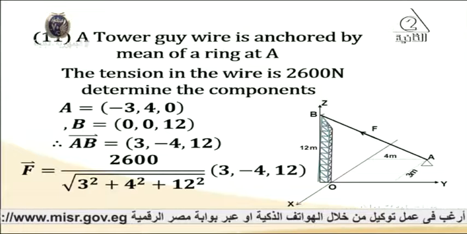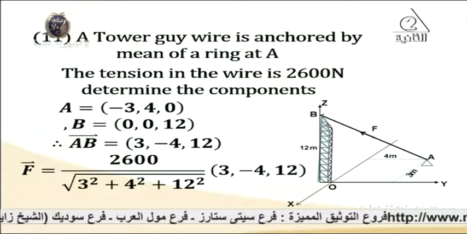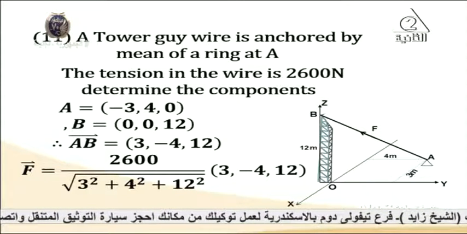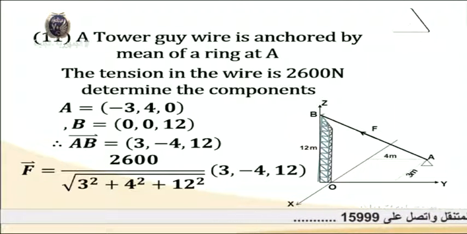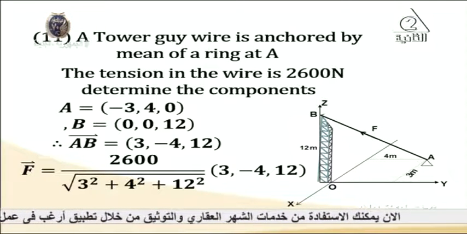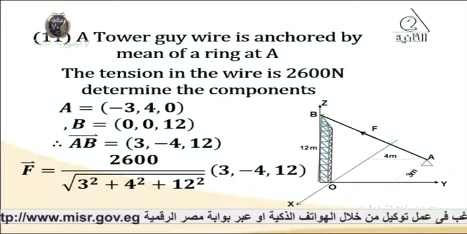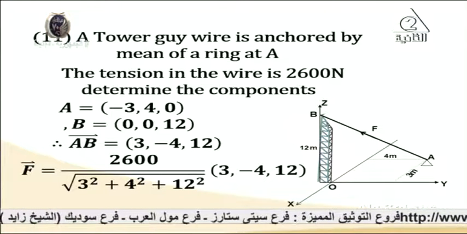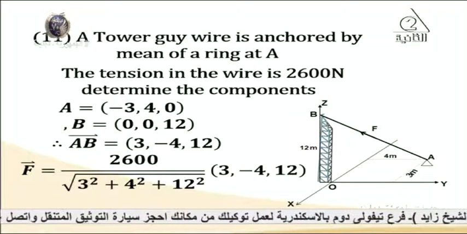The direction of the force equals the magnitude or norm of F over the square root of 3 squared plus 4 squared plus 12 squared, that is the norm of vector AB, times vector AB. Look, my dear student, we determine the components of the force F. The force F has magnitude 2,600 Newton. What is the component of the vector F?